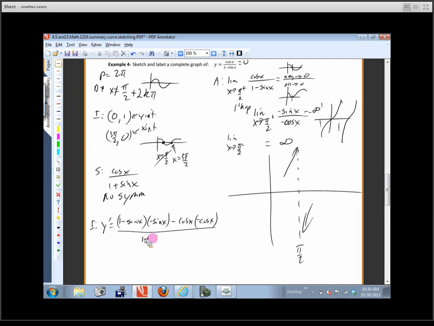So this is going to be 1 minus sine of x, quantity squared. So let's take a look here. If I distribute through, I've got minus sine of x, plus sine squared x, and plus cosine squared x. So what do I end up with here? I end up with 1 minus sine of x on the top and 1 minus sine of x quantity squared on the bottom. So I end up with a 1 on the top and a 1 minus sine of x on the bottom.